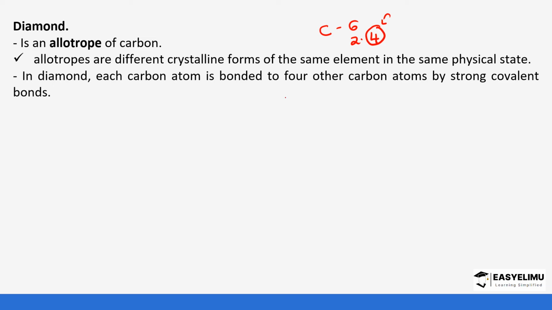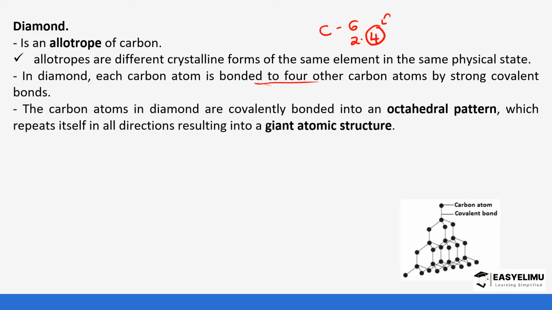That's why it can bond with 4 other carbon atoms to produce very strong covalent bonds. The carbon atoms in diamond are bonded in an octahedral pattern, as you can see below here, which repeats itself in all directions, resulting in a giant atomic structure.